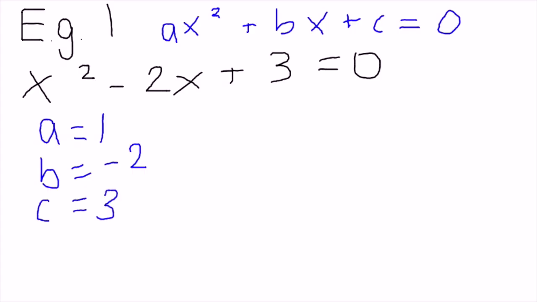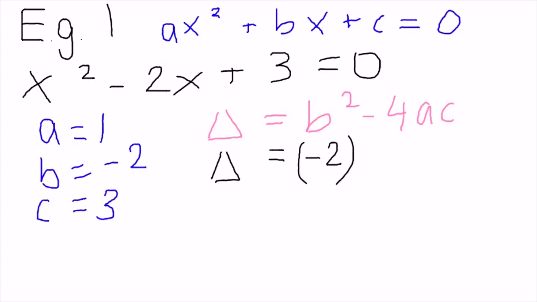Now that we have the values for a, b, and c, we can simplify these using the discriminant. So we know that delta is equal to b squared minus 4ac. So if we substitute in the values, we get delta is equal to b squared, which is minus 2 whole squared, minus 4 times 1 times 3.